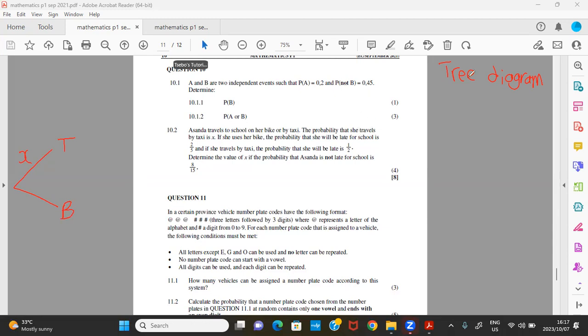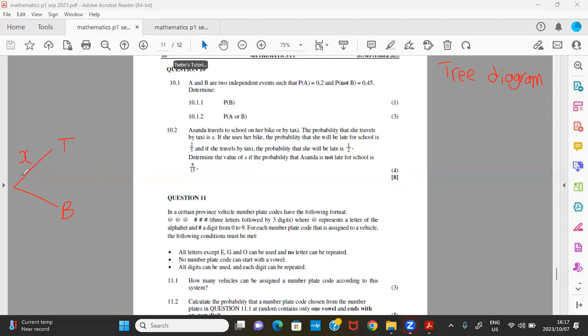So again, let me give you a clue. Using the complementary rule, we know that the probability that she will be traveling by a taxi is X, right? So what is the probability that Asanda will be traveling by a bike? Or let me rephrase.